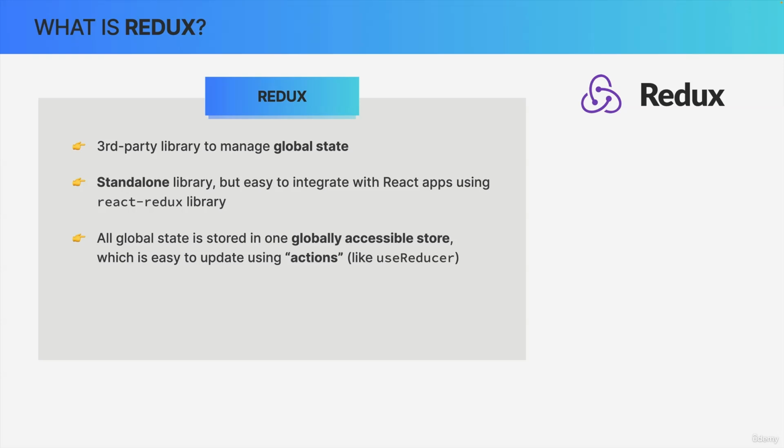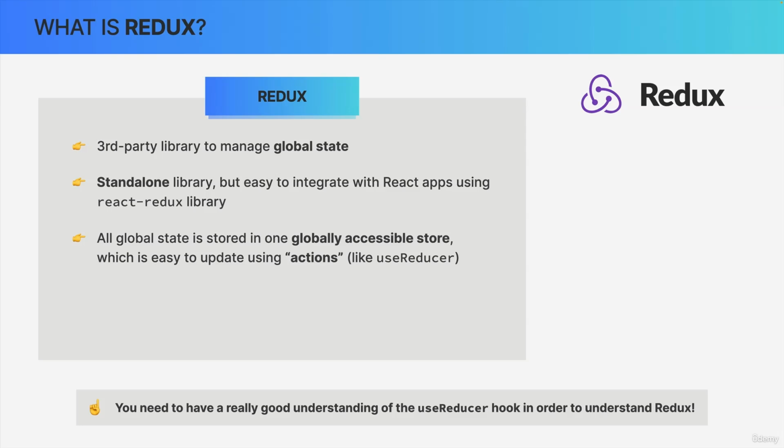And in fact, the mechanism behind Redux and useReducer is so similar that I will assume that you know useReducer and build the teaching of Redux onto the knowledge that you already have. So again, you should have a pretty good understanding of the useReducer hook in order to move on in this section. And if you don't, then please go back to that useReducer section first.